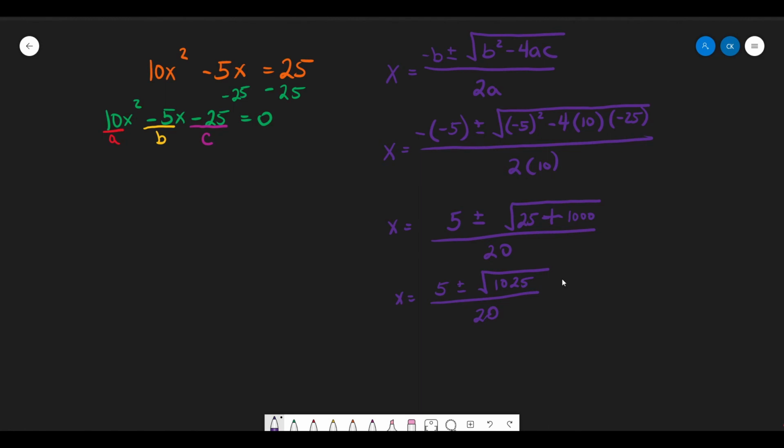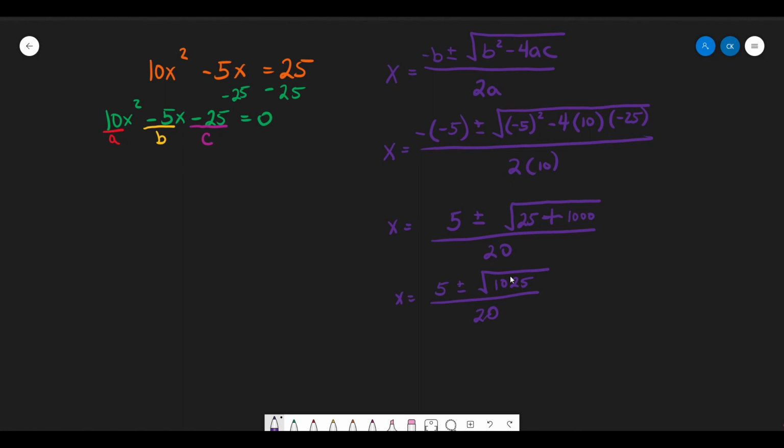Now, the problem with this is not only that 1,025 is a big number, it's also that it's not a perfect square. So when we're given a problem that we don't have a perfect square here, we are able to simplify it. Okay? I know in Algebra 2, they're going to ask you to simplify the radical, leave it in radical form, and give two answers that are in radical form. For right now, we're not going to have to do that.